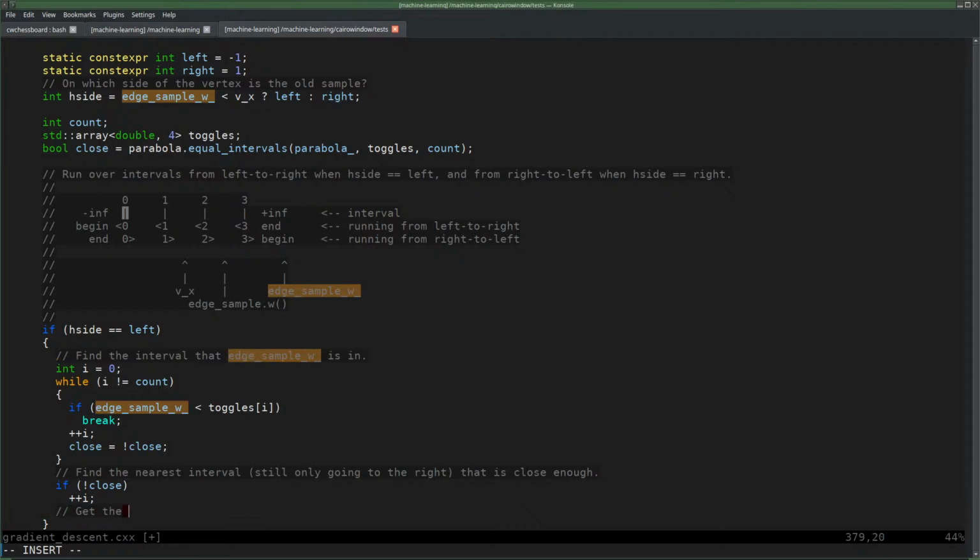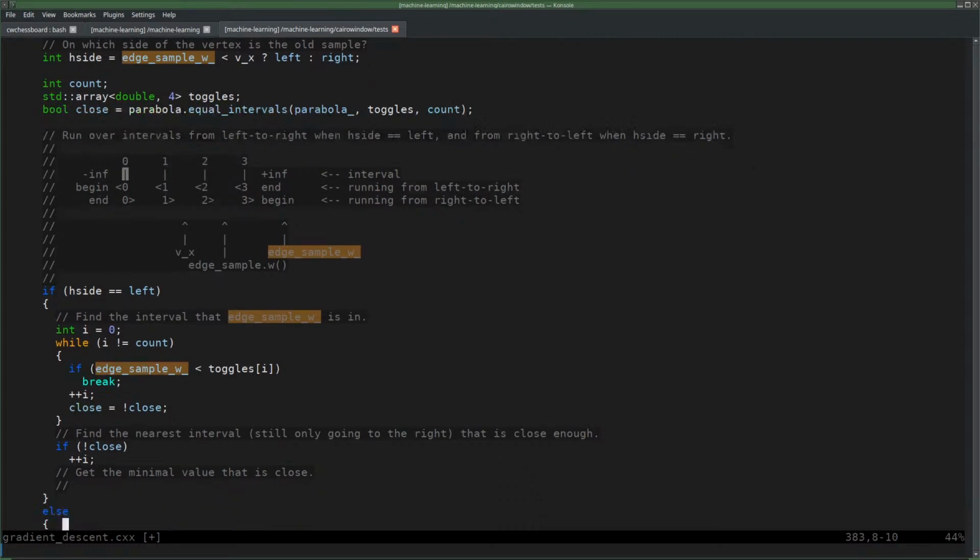Get the minimal value that is close. I don't know how else to say this.